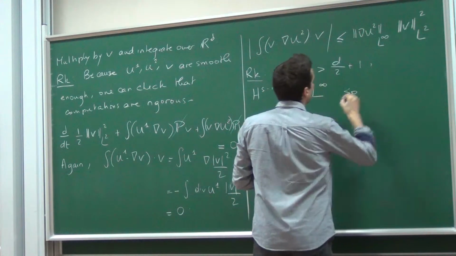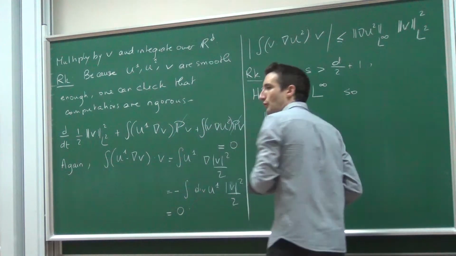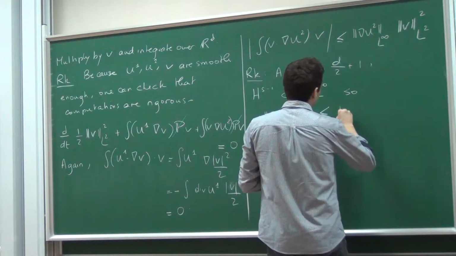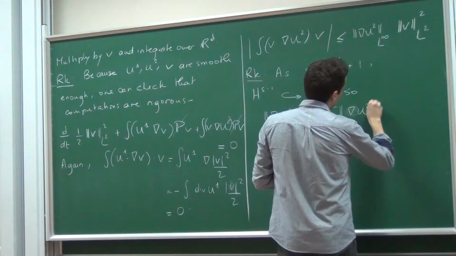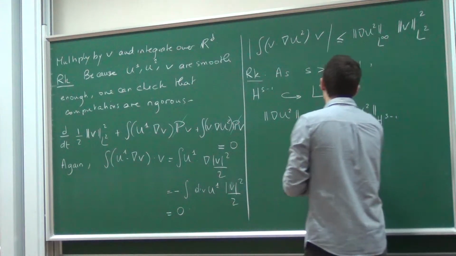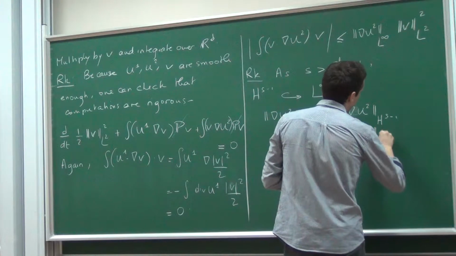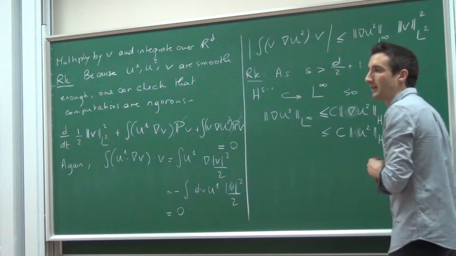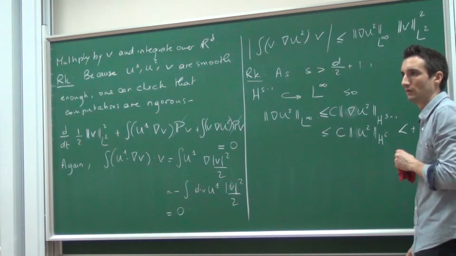So I can control the gradient of U2 in L infinity by gradient of U2 in H^(s-1). And this will be less than a constant times U2 in H^s. So this will be finite for any time. So again, I use the regularity.